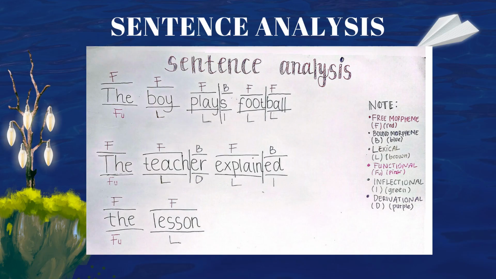Play is a free morpheme with symbol F and a lexical morpheme with symbol L. And s is a bound morpheme marked with B and an inflectional morpheme. Because the ending s in this word doesn't change the word class and word meaning.